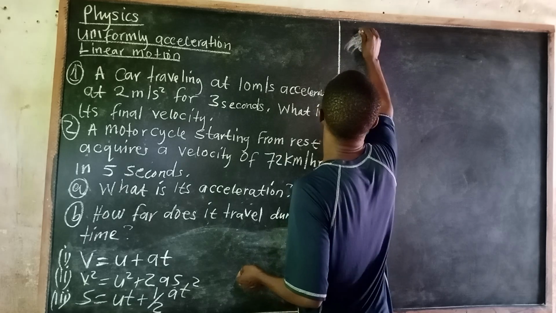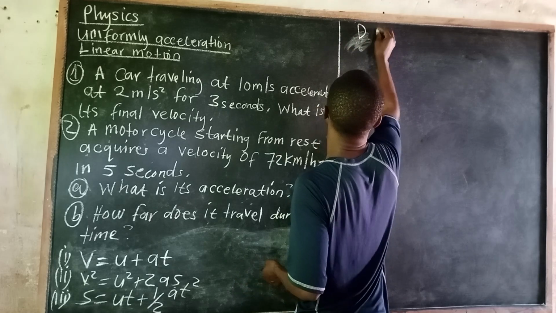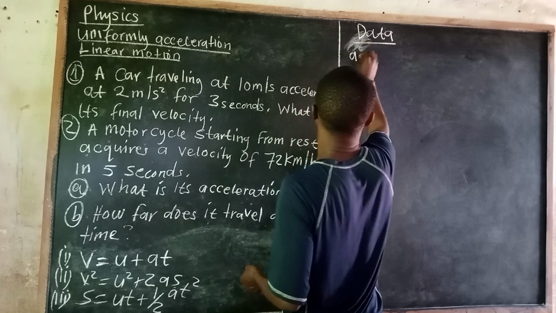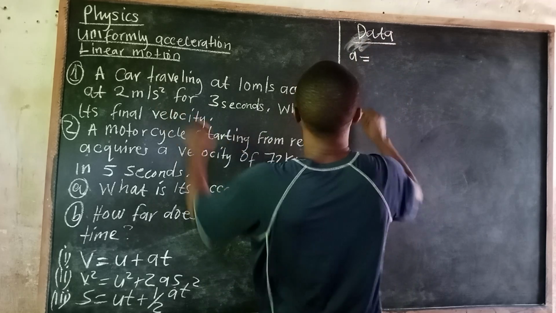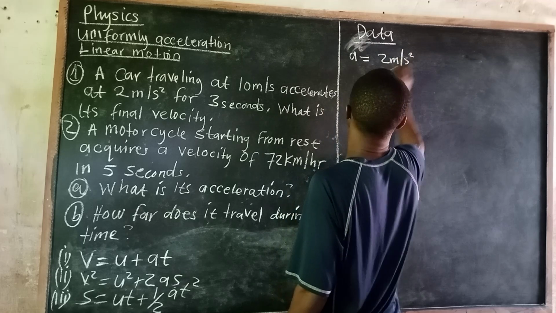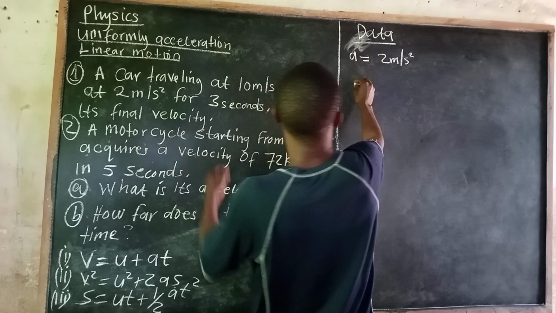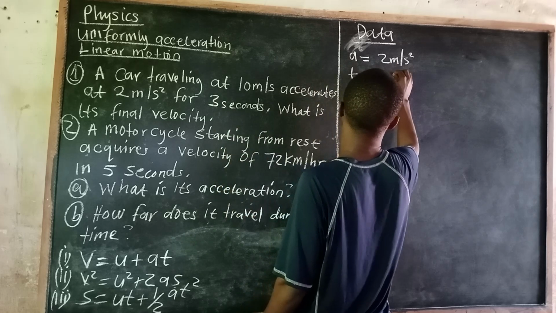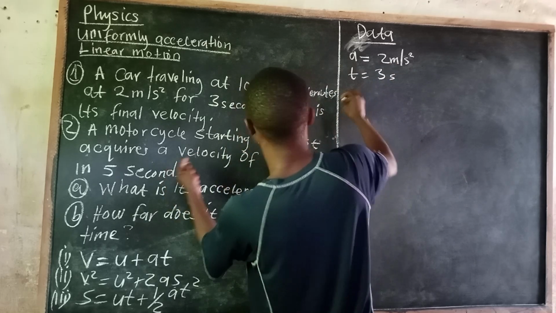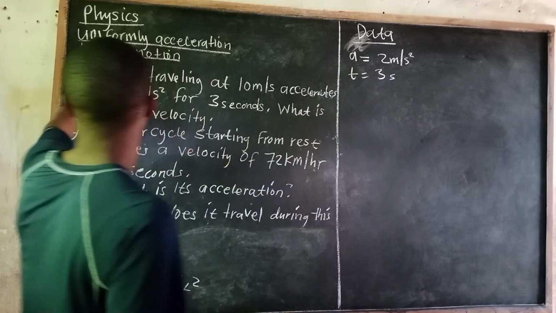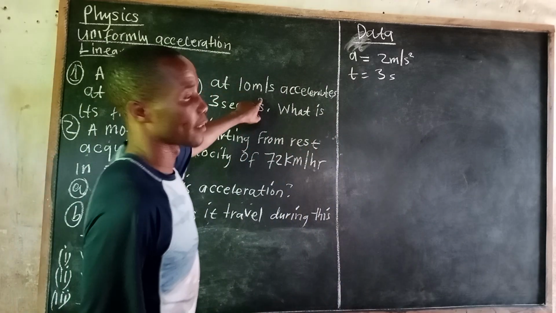First of all, let us collect data. Very important: data collection in physics. Acceleration, what are we given? 2. Then what else are we given? Time is there, 3 seconds. Then what else are we given? We are given initial velocity, because here they are saying a car traveling at 10 meters per second.